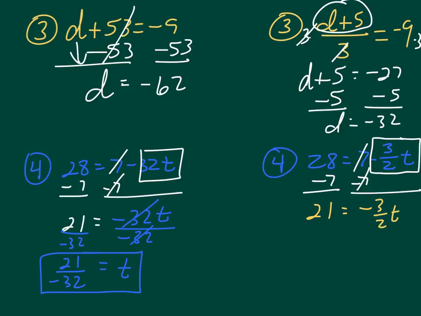So remember, you can either divide by negative 3 halves or you can multiply by the reciprocal, and that's what I'm going to do. So I'm going to multiply by negative 2 over 3 on both sides. 3 goes into 21 7 times, and negative 2 times 7 is negative 14. And remember, when you multiply by the reciprocal, those are gone, so I'm left with t is equal to negative 14.